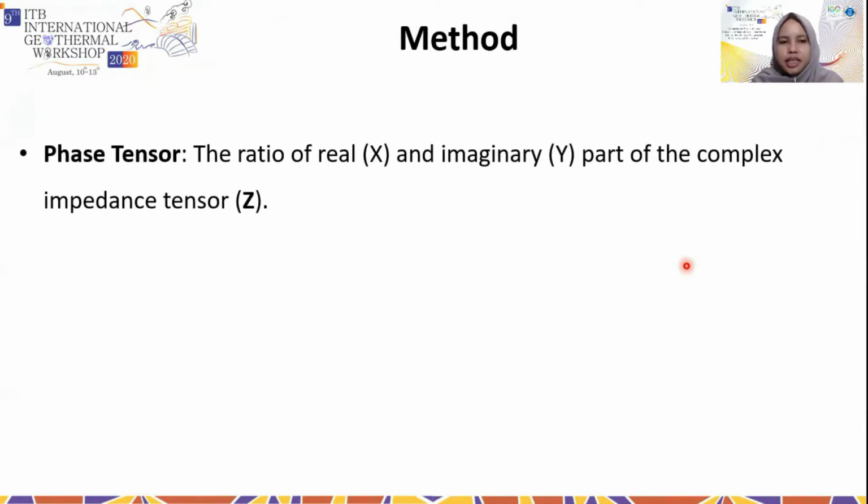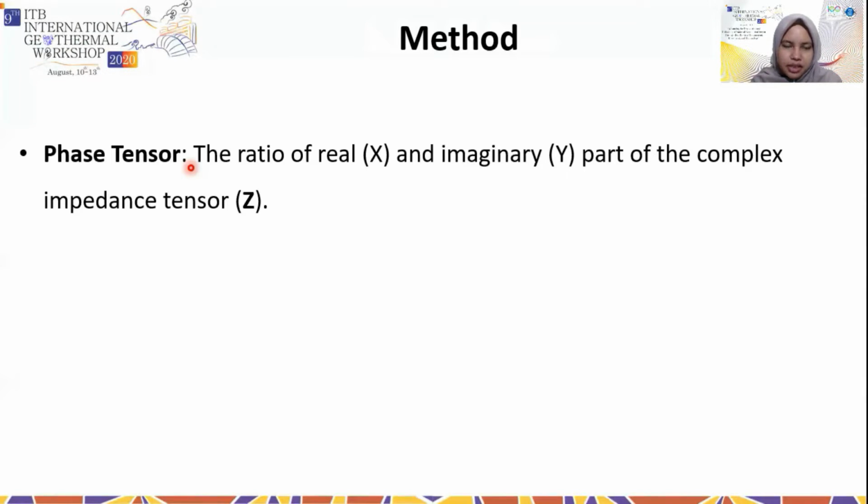The electrical field and magnetic field from the MT measurement are used to calculate the impedance, and the ratio of the real and imaginary part of the impedance are called phase tensor, and it contains the information of the geoelectrical strike direction in subsurface.